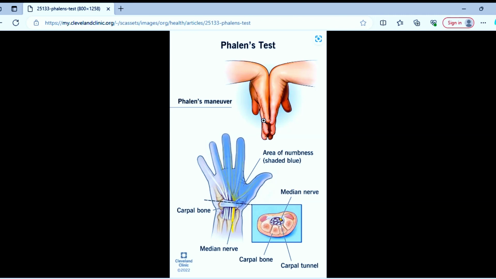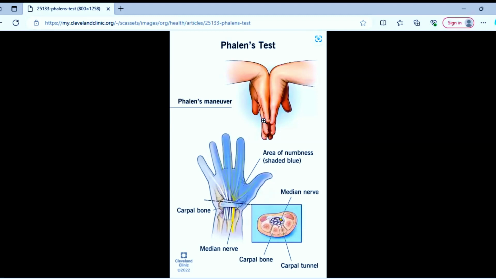We ask the patient to stay in this position for about 1 minute, and if the patient complains of aggravation of the symptoms, an increase in the symptoms, that is a positive Phalen's test, and that concludes the diagnosis of carpal tunnel syndrome.